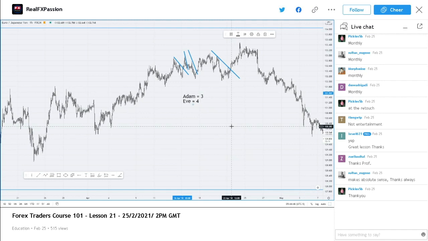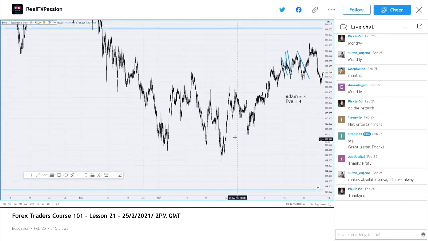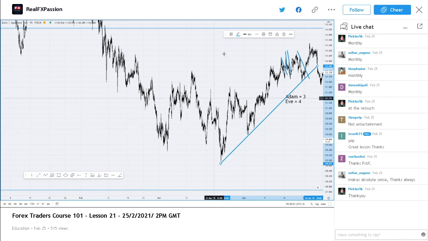Everybody, who is winning right now? And here is the learning part, everybody. Adam was buying, look at the chart. Beginner traders, look at the chart. This is you and me, all right?